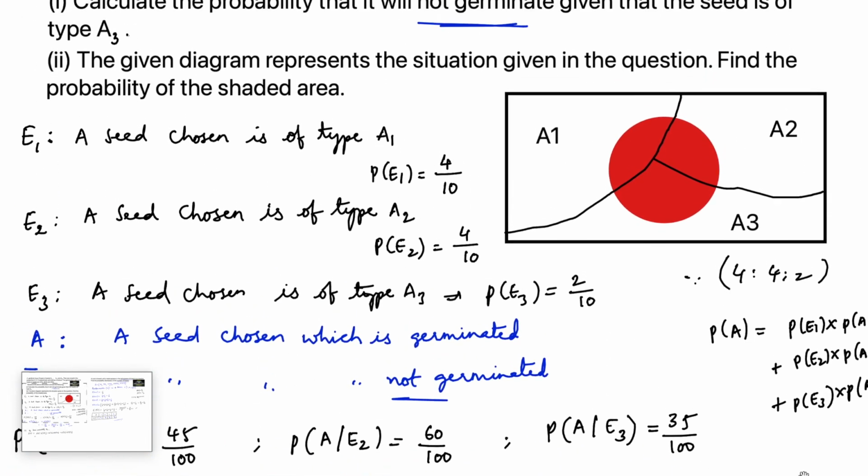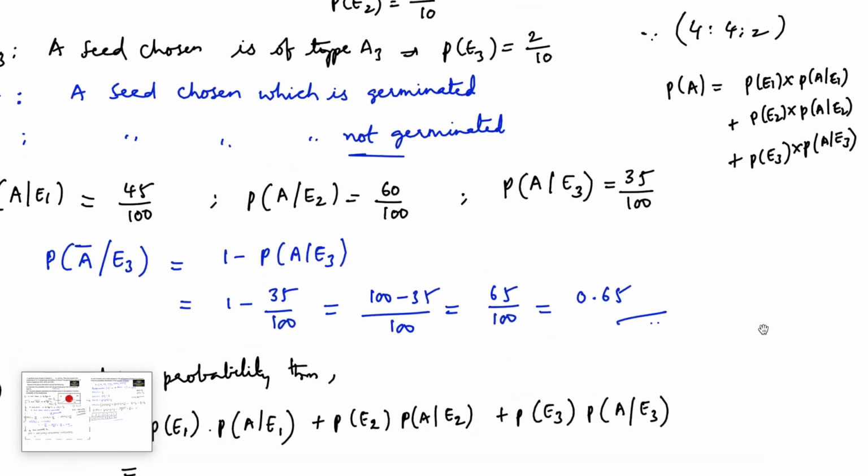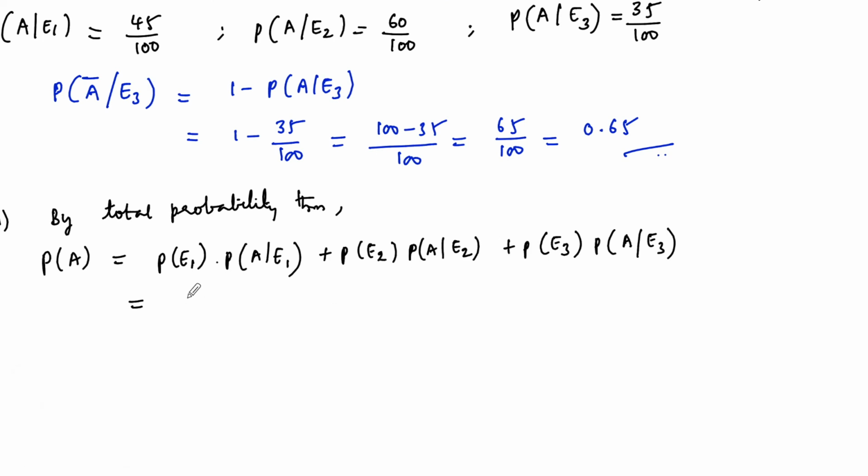So we can say 4 upon 10 into 45%, that is 45 by 100, and next again 4 parts, that is 4 out of 10 into 60%, that is 60 by 100, and the third is 2 parts, that is 2 out of 10 into 35%, that is 35 by 100.